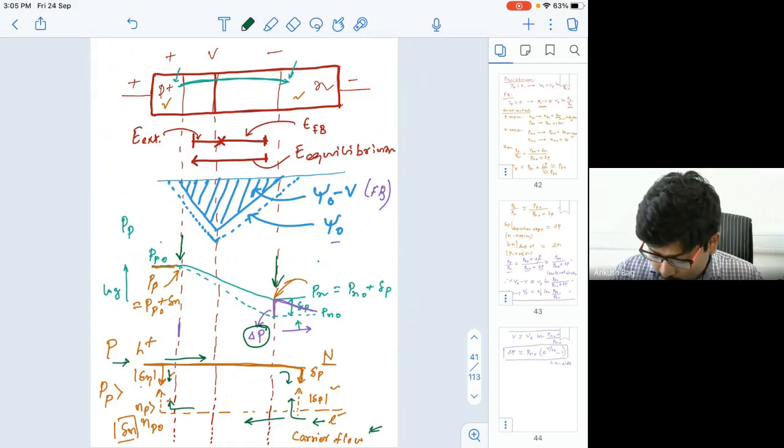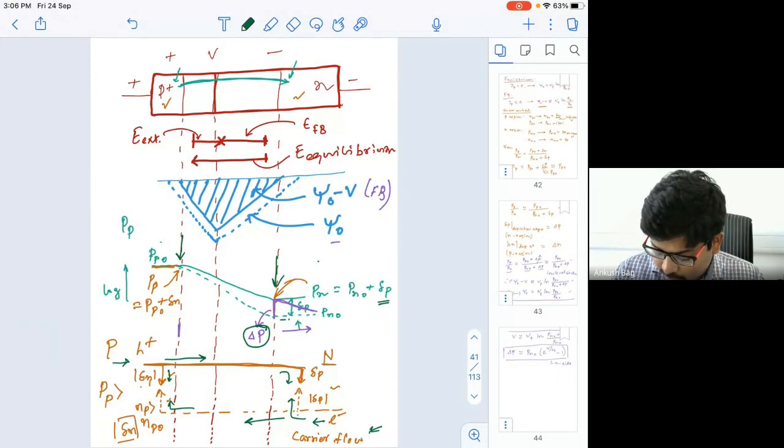See, this dotted line represents the equilibrium carrier concentration. Now since you have forward biased your PN junction, you have this excess amount of carriers, or excess amount of holes, at this depletion region. Essentially these holes we represented using del P, but del P is a function of your x.